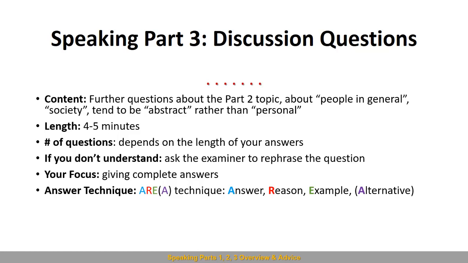For example, one Part 3 question that my students have practiced before is, what kind of homes do people like to live in your country? I could say, first my answer, well, in the United States, people usually like to live in family homes. Let me give a reason. This is because the idea of a family home is very closely linked to the dream that many American people have for owning a house when they grow up.